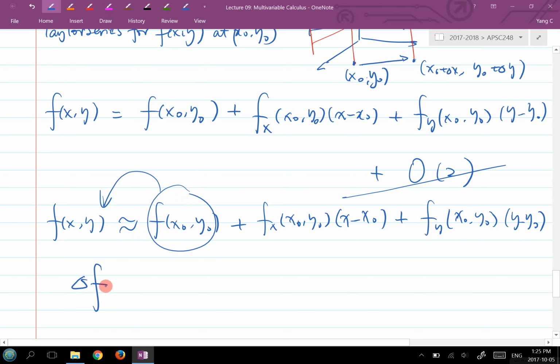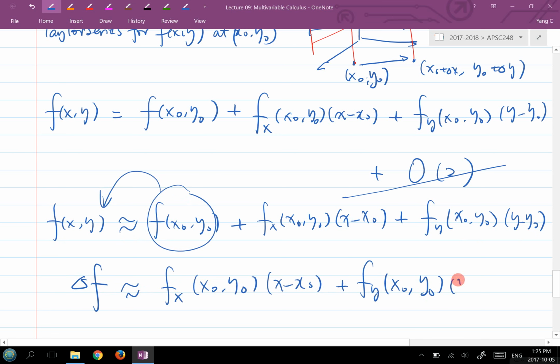So delta f is approximately equal to fx at the initial location times x minus x naught, plus fy times y minus y naught. That's the first thing I can extract from the Taylor series expansion. So my delta f is approximately equal to this chunk right here.